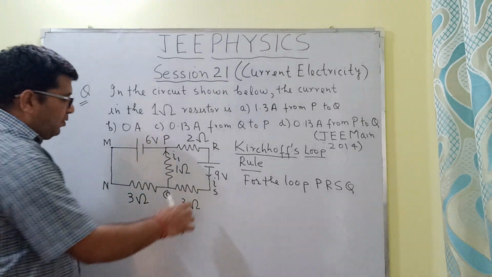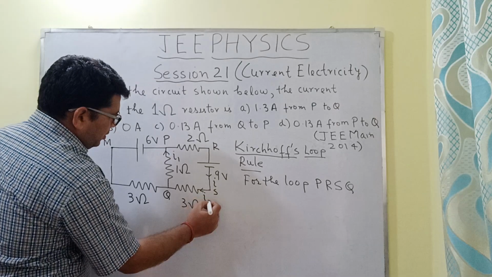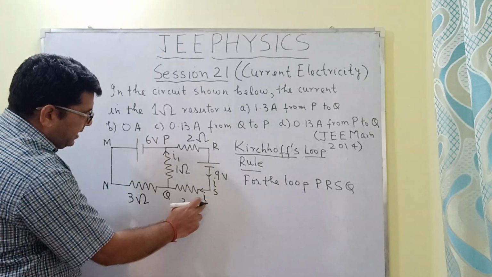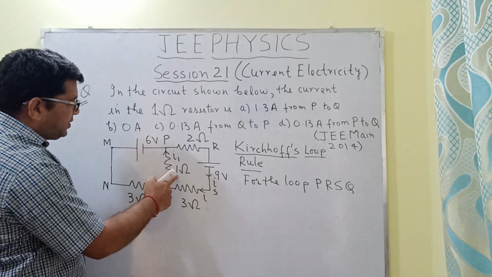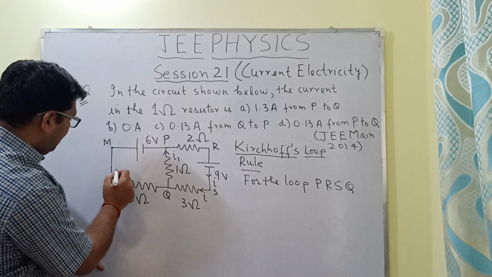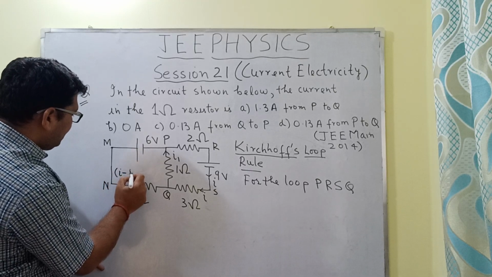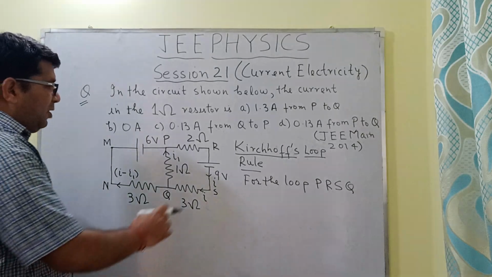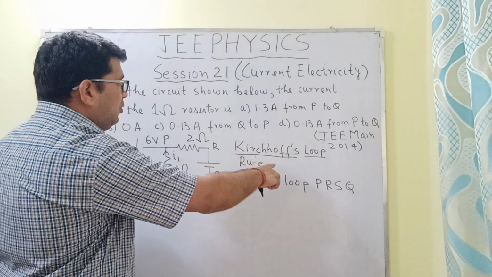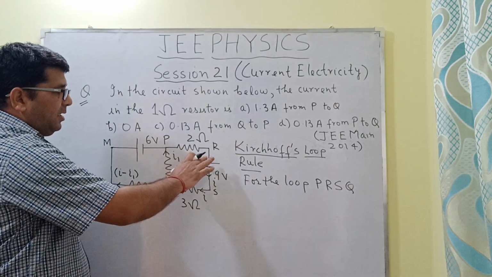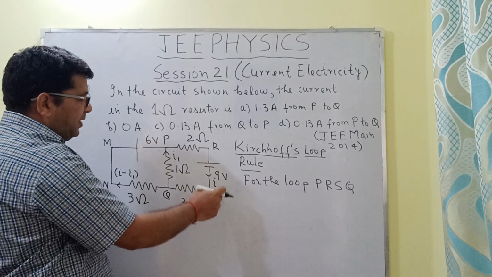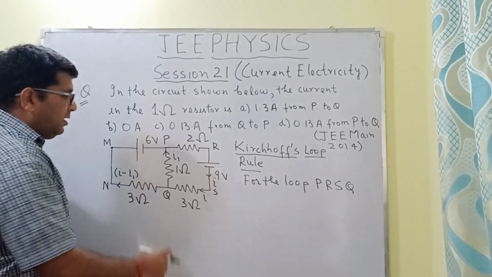If the current which is flowing through this 3 ohm resistor is I, and the current flowing through this 1 ohm resistor is I1, then the current flowing through the other 3 ohm resistor will be I minus I1. Now for this loop PRSQ, using Kirchhoff's loop rule, the algebraic sum of the potential difference across all the resistors plus the potential difference across the external EMF source will be equal to 0.